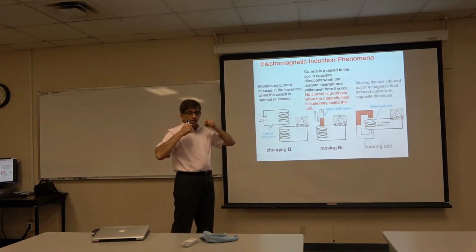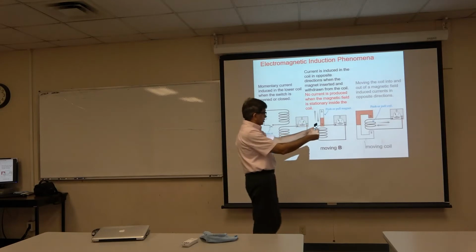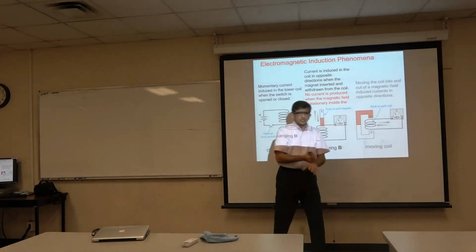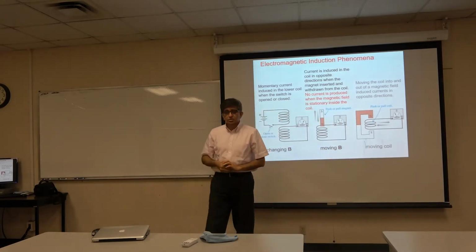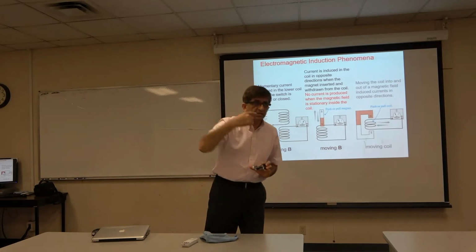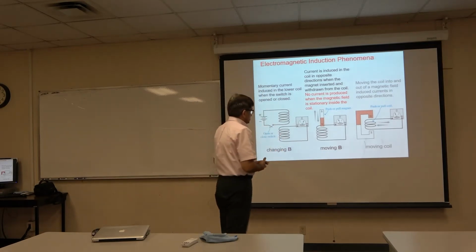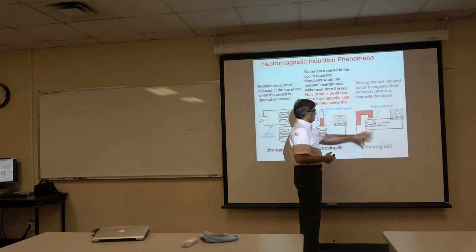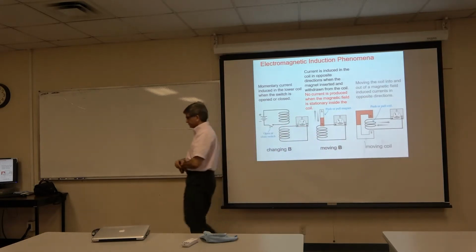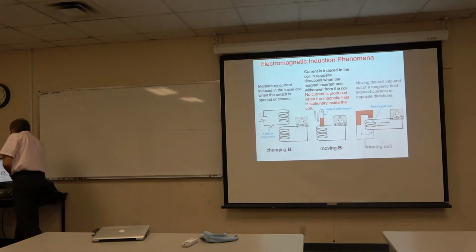So as long as I keep pulling or pushing this coil through the permanent magnet, the current is there. So it means a change in the magnetic field lines is important for the current to be produced.